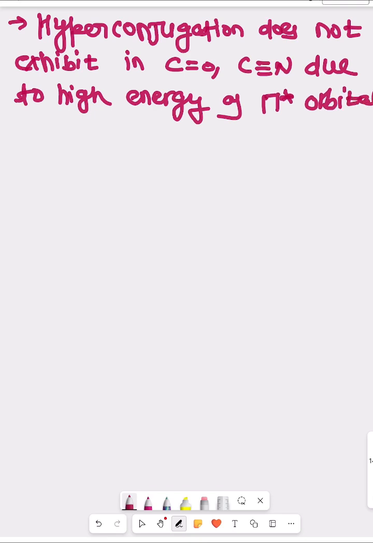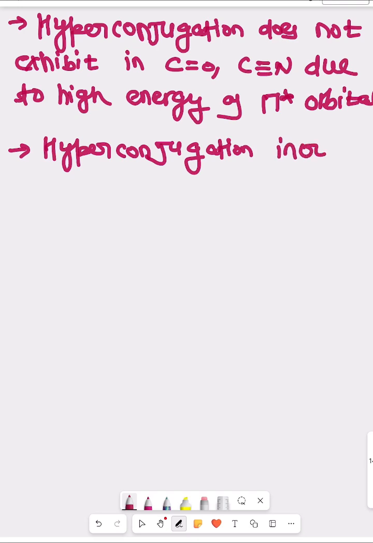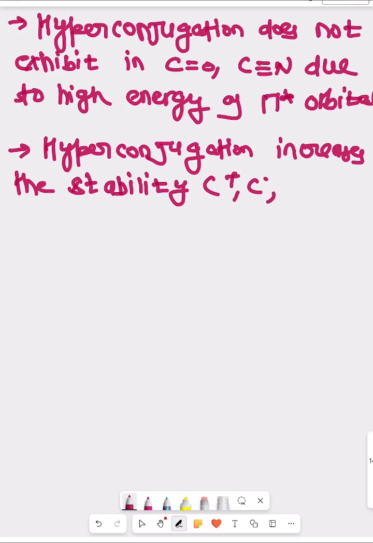Due to high energy, the delocalization of electrons from sigma to pi star is almost impossible. So it can't show hyperconjugation. Hyperconjugation increases the stability of your carbocation, free radical, and alkene group.